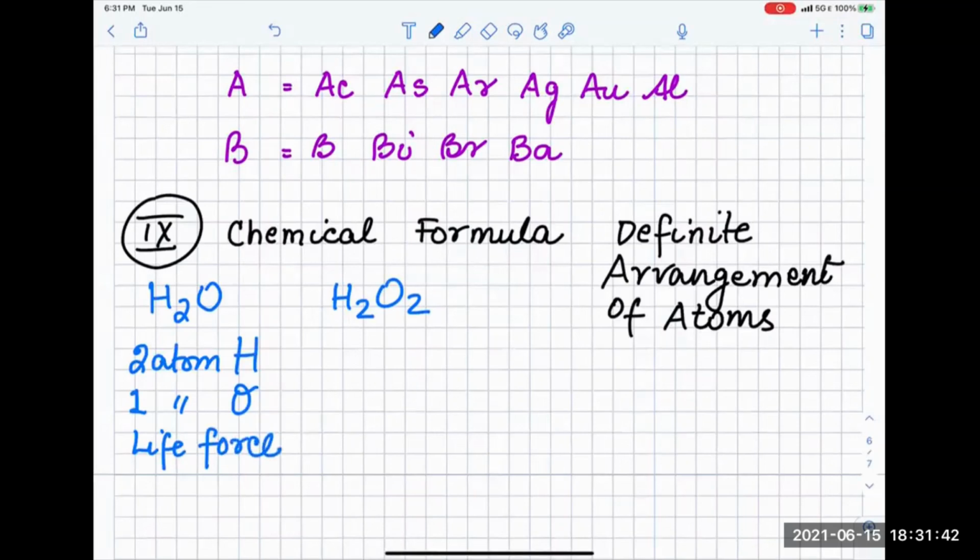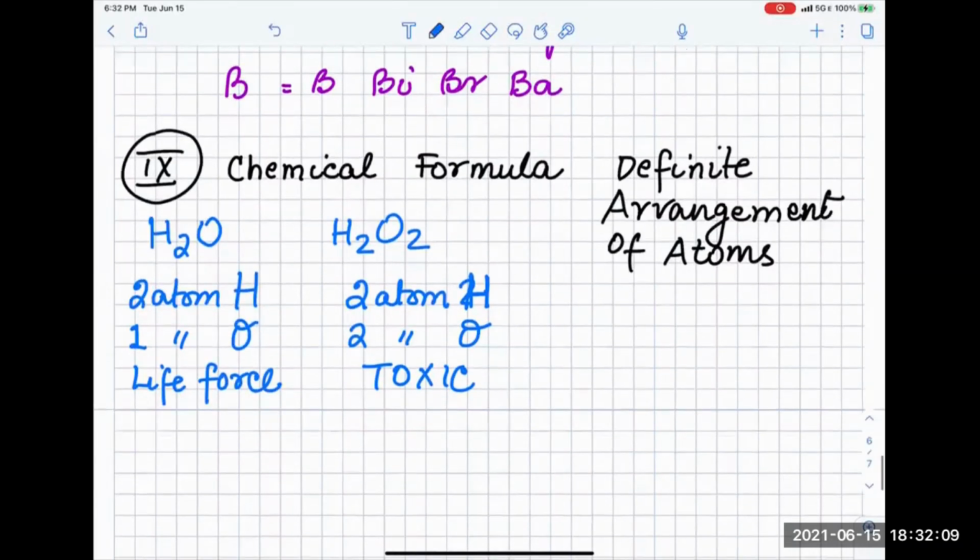Agreed? But H2O2 is made up of 2 atoms of hydrogen and 2 atoms of oxygen. And that is toxic. You just use a little bit of it to gargle your mouth, right? When you go to the dentist or something, but if you drink it, it's toxic, okay?